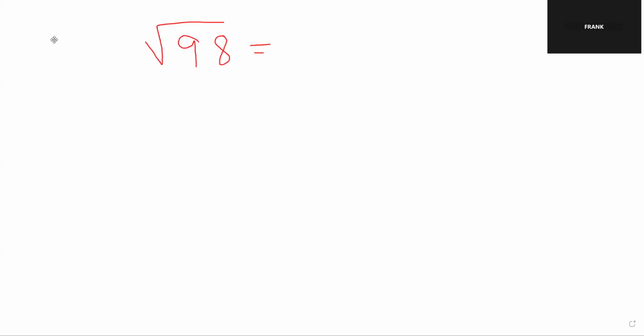So 9 wouldn't do. Then 16 obviously wouldn't do. We test 49. 49 will do. So I'm going to see it as root 49.